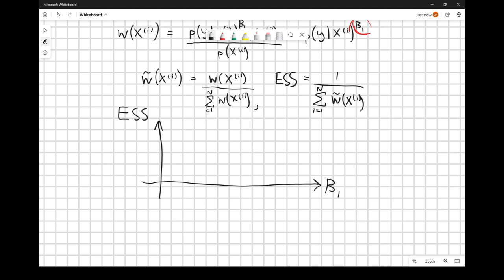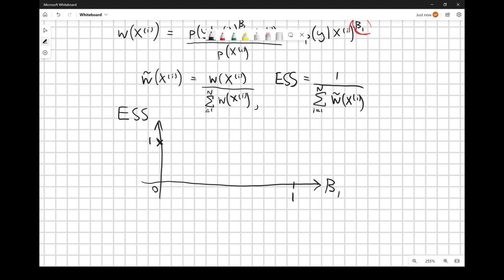And let's say we change beta from being 0 to 1. When beta 1 is equal to 0, then we're targeting the prior, and our proposal was equal to the prior. So that's the case where the proposal is equal to the target, and you would get an effective sample size of 1. So kind of a data point there.